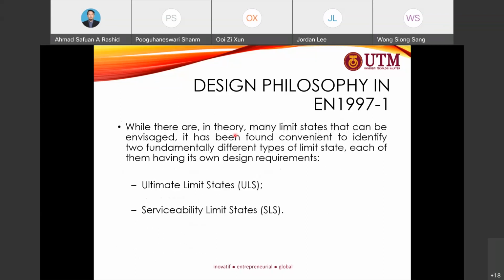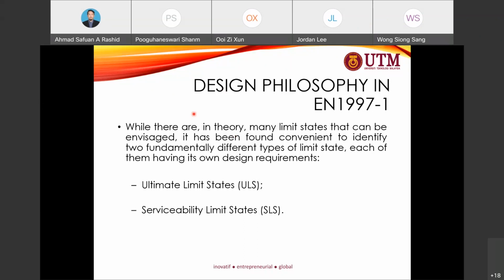While in theory many limit states can be envisaged, it has been found convenient to identify two fundamentally different types of limit state, each having its own design requirements. We have the ultimate limit state and the serviceability limit state.